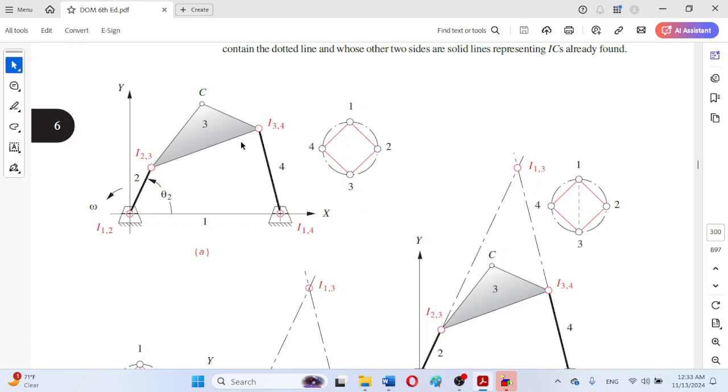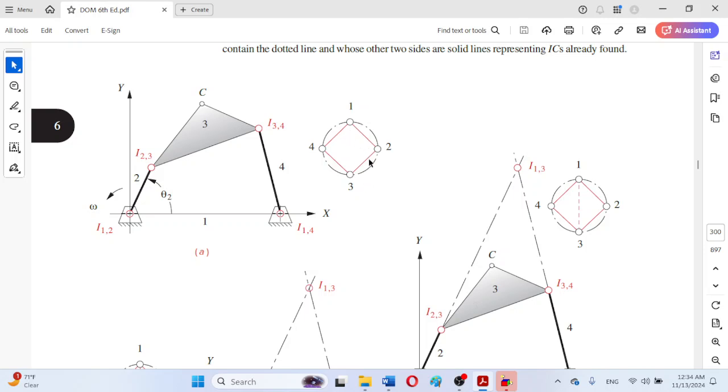So if in a 4-bar mechanism we know that there are 4 links, that circle will be distributed equally into 4 parts, into an equal number of segments as there are links.